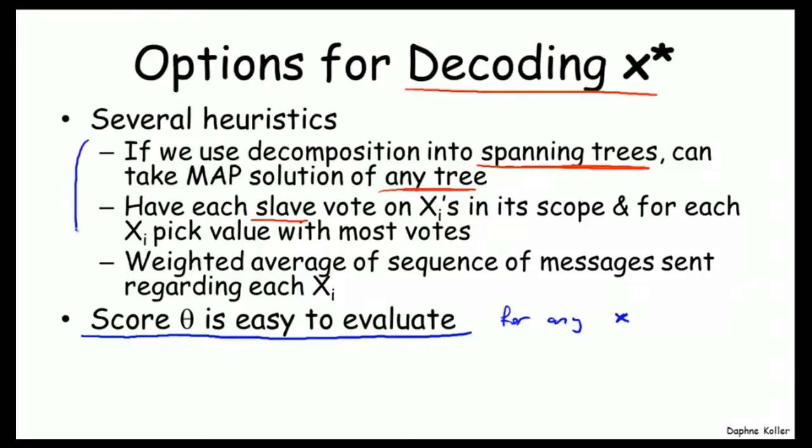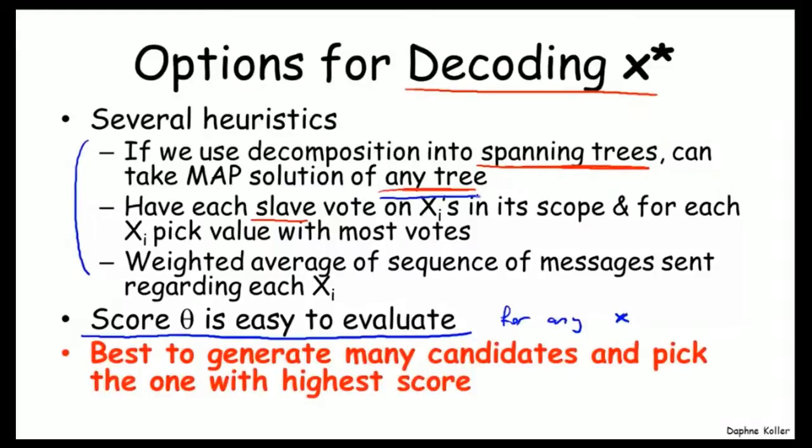So why not do all of these and use multiple trees and generate a whole collection of x's and then evaluate theta of x for each of those solutions and then pick the best one. And it turns out that when you do that, you generally get solutions that are better in terms of their overall score than any fixed strategy.